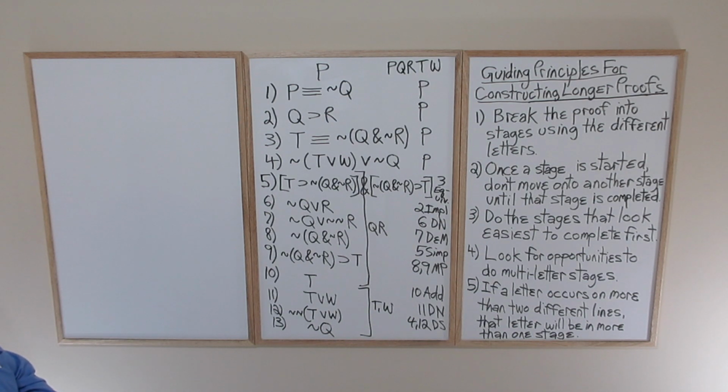So now all we have is the remaining Q stage. On line 1, we've got a biconditional again.